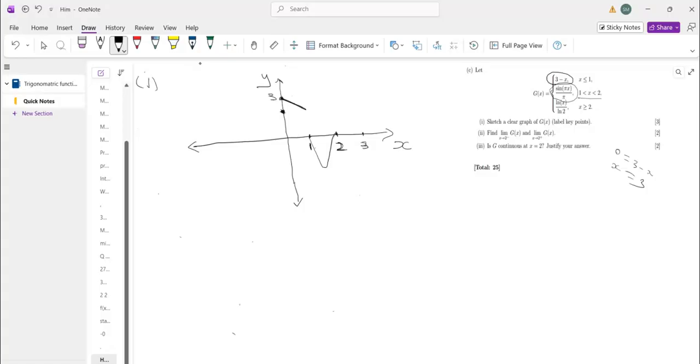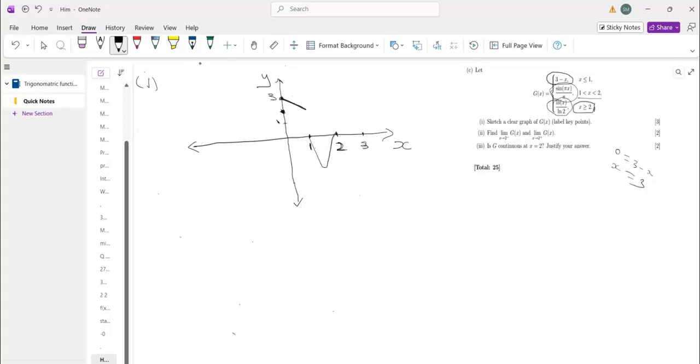And then after here, we're having a ln. So we know that ln is going to start somewhere here at 1 because it has to have an intercept here, but then we're only looking at x greater than 2.